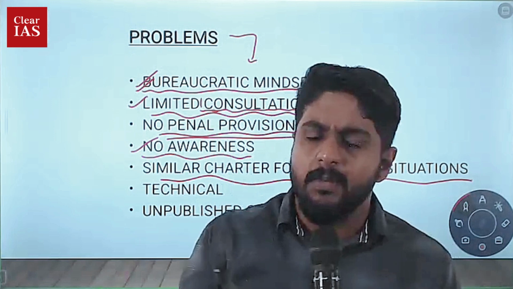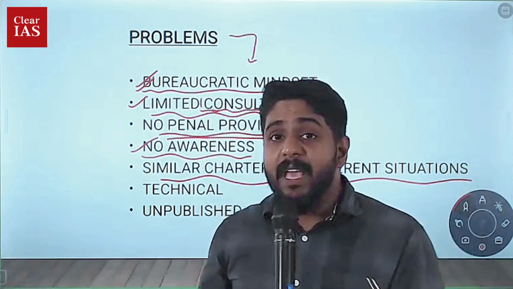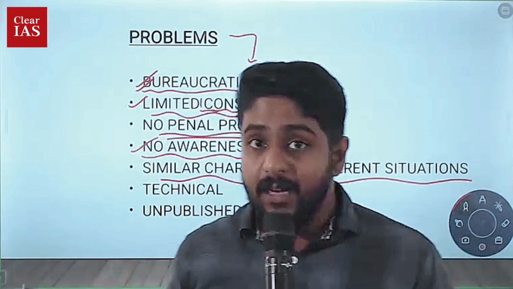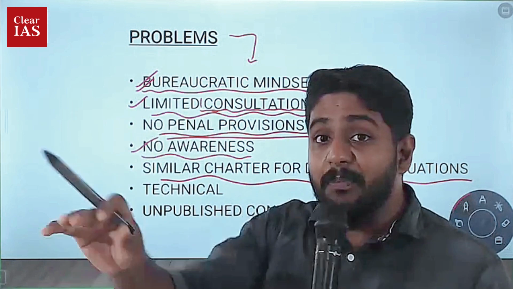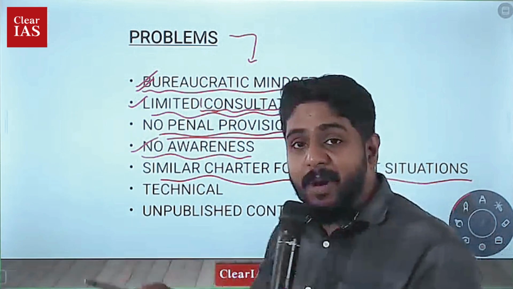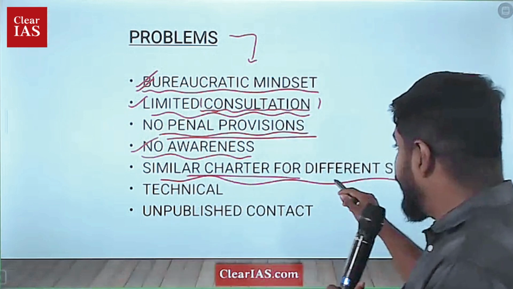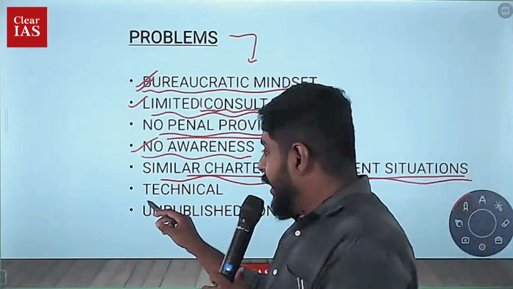No, it is practically not possible. But surprisingly, you will have a similar charter for a post office in Delhi, the metro, as well as the remotest part of the country, because they will just copy paste it, isn't it? Once the department is the same, they will just copy paste it. So a similar charter for different situations is another shortfall.